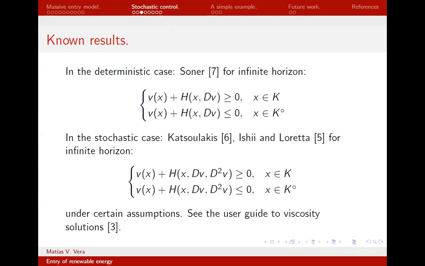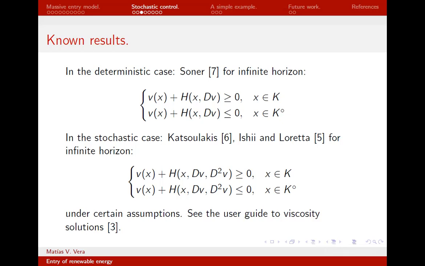It's something called the viscosity theory, which uses optimality conditions to solve the equations. So it might happen that V is not continuous and still solves both equations. Also, if you want to know more about viscosity solutions, there's a user's guide by Crandall, Ishii, and Lions, which is very good at explaining everything.